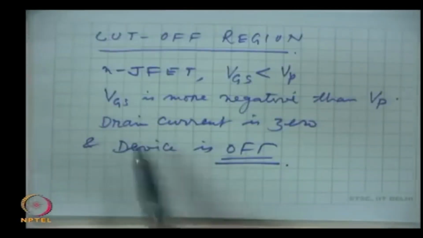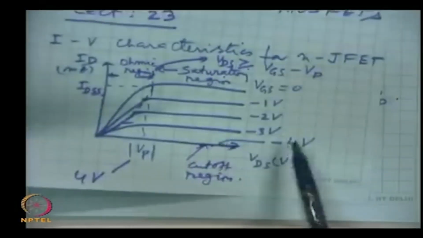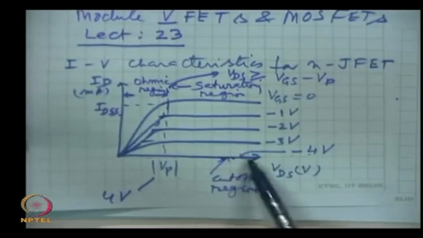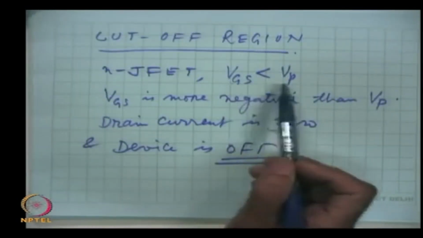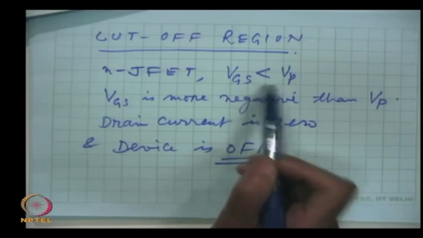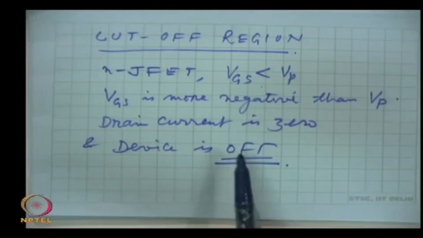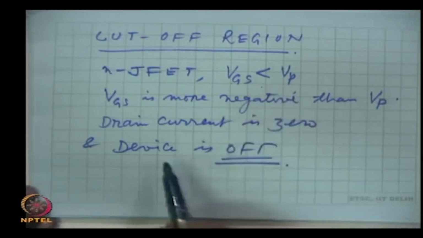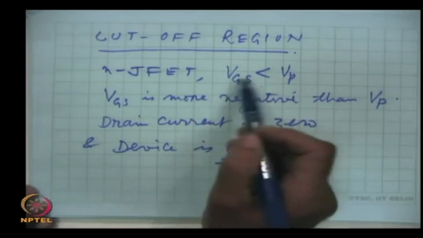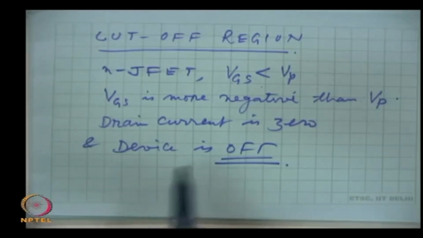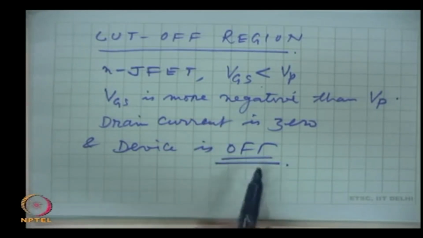And we say that for the cutoff region, VGS is to be lesser than Vp, that means more negative than Vp, the magnitude has to be larger than this. So, that will put the device into off.